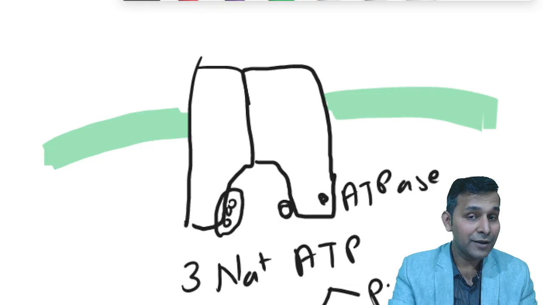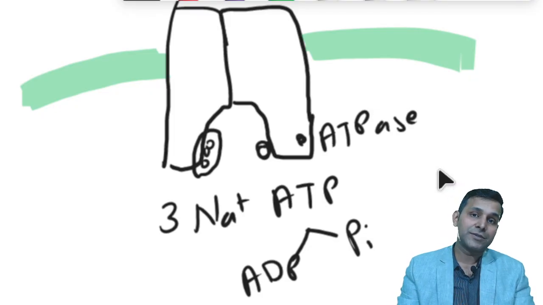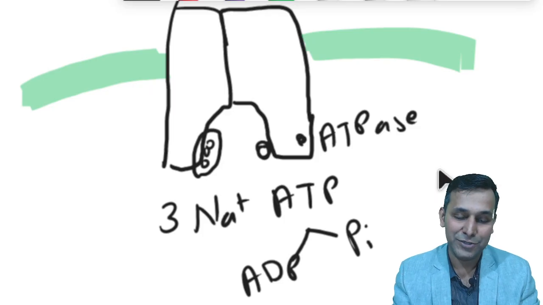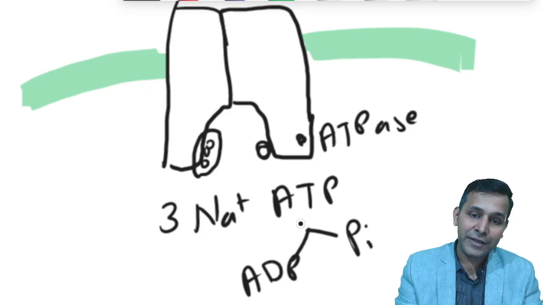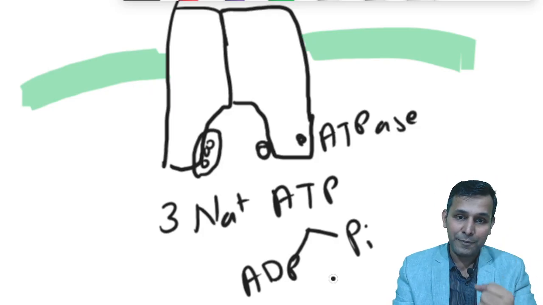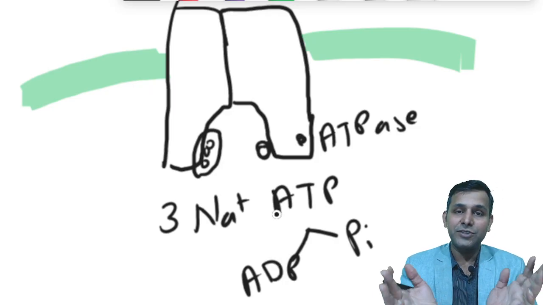ADP and inorganic phosphate. This causes the release of a large amount of energy, because once ATP is broken down, energy is released. This energy from the ATP is utilized by this transport protein, and it changes its structure.